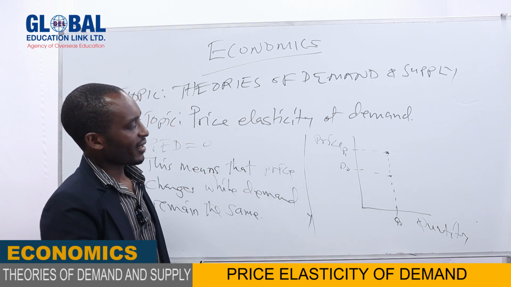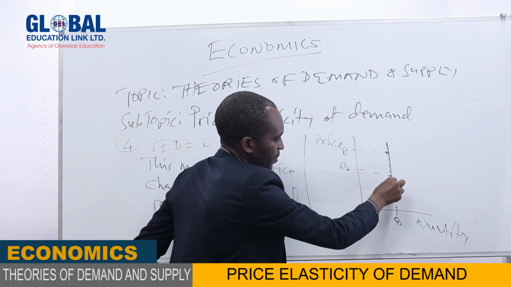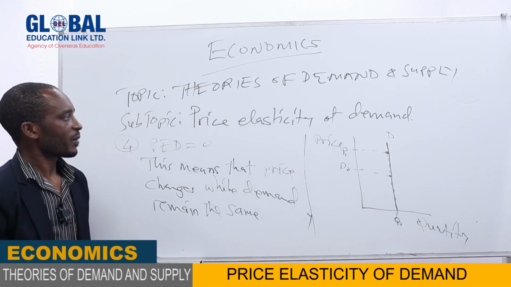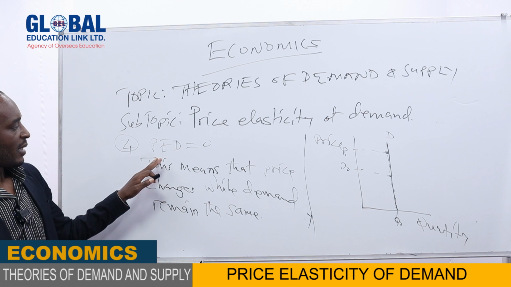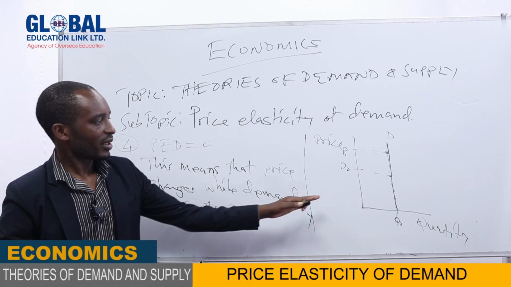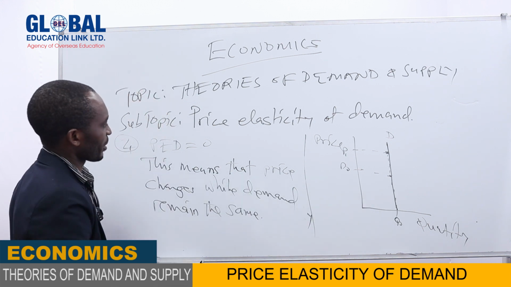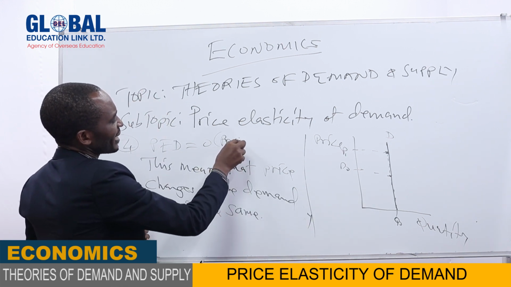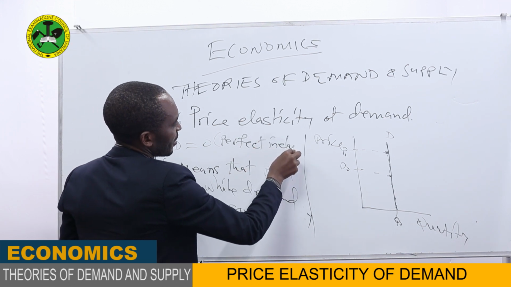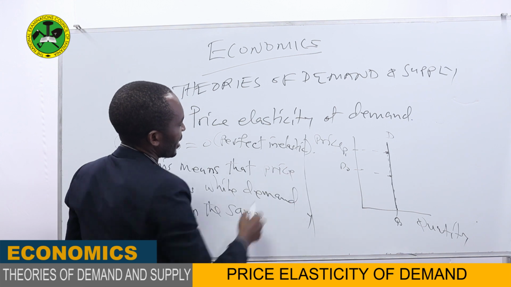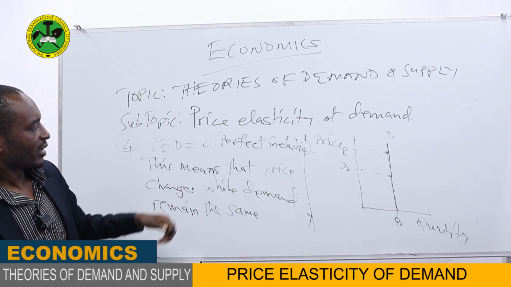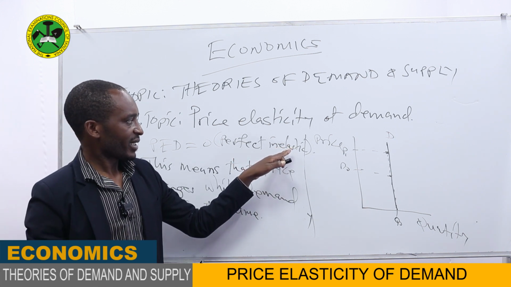So when you join, the graph of demand will be vertical. So the demand curve for the case when price elasticity is equal to 0 will be vertical. So this we call perfectly inelastic. So if you get the price elasticity equal to 0, this is perfectly inelastic.